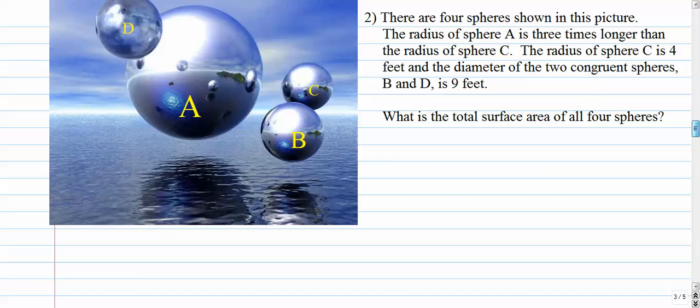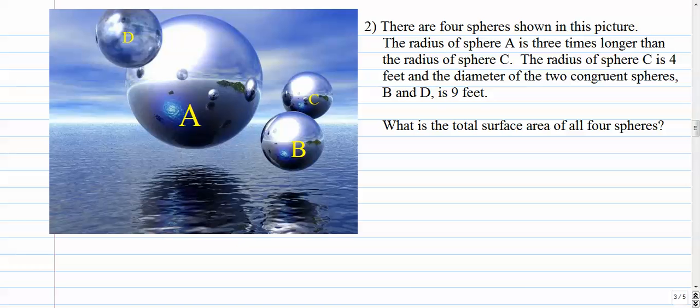Number 2. In this picture we have 4 spheres, 2 of which are congruent to each other, and the question is asking us for the total surface area of all 4. I'm going to break them down into 4 different categories, and in order to find the surface area of any sphere you just need the radius.